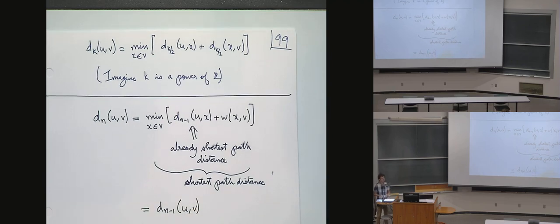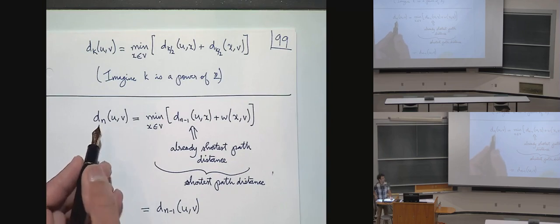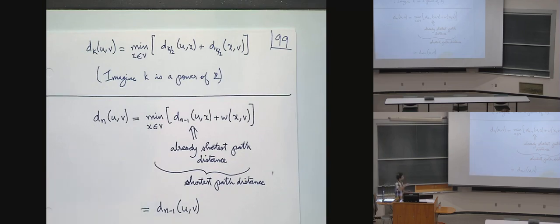Okay, is this clear? So the idea is that if this k becomes more than n, it just doesn't change anything. There are just no more updates being done. It's like saying that if I compute shortest paths between all pairs and then do this update, it's not going to change my value in any way.